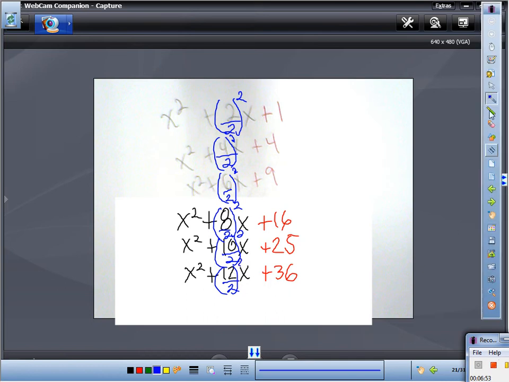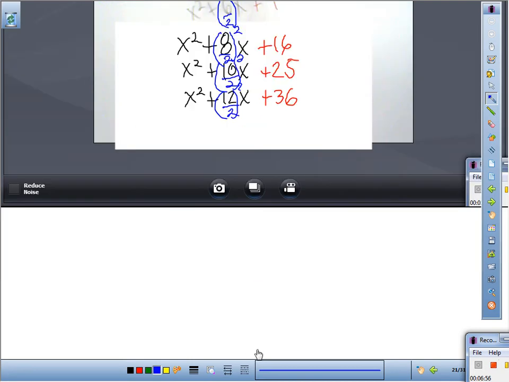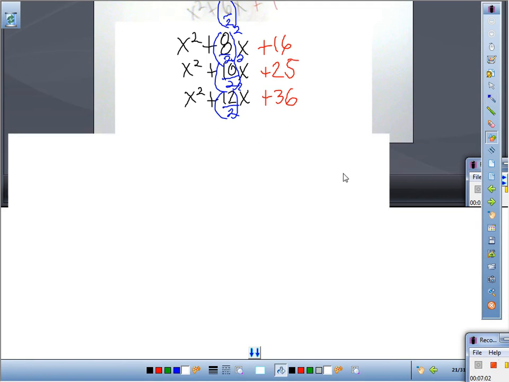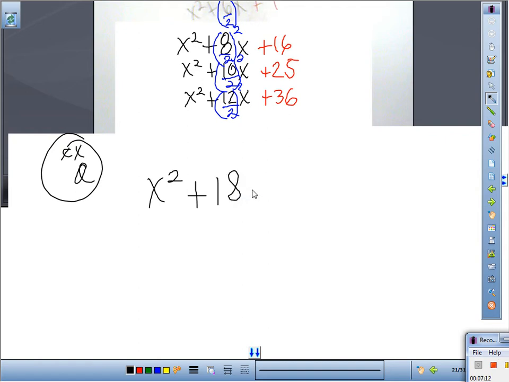Okay, on your paper, copy this down. Not that, copy this next one down. Example Q. X squared plus 18x.